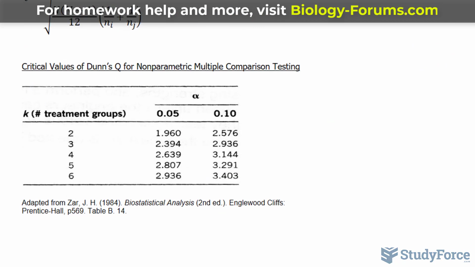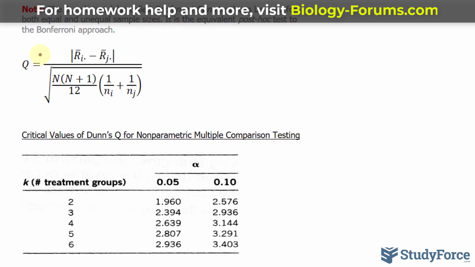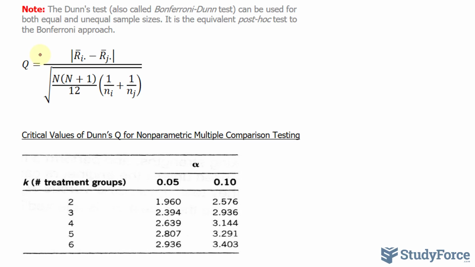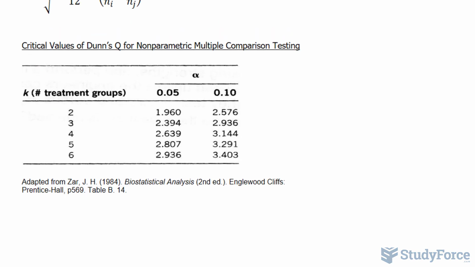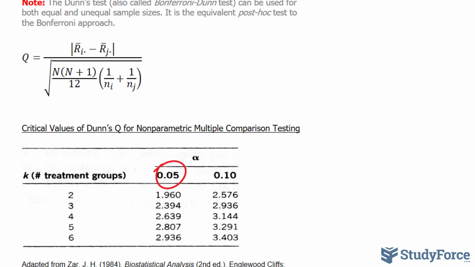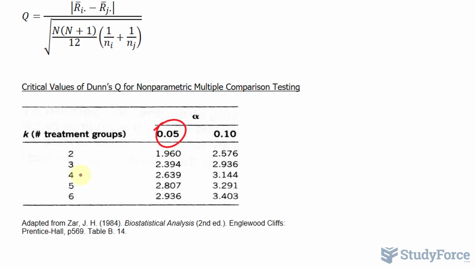So we have to calculate 6 different values of Q and compare them to this value. Remember in the question they wanted at 95% confidence, so we'll look at this column, which has an alpha value of 0.05. There are 4 treatments we're dealing with, so K is 4, and this is the value that we will be comparing each of those Q values we end up with.